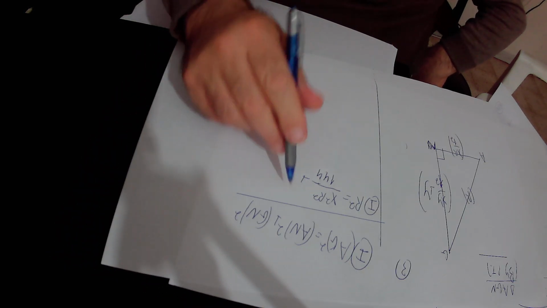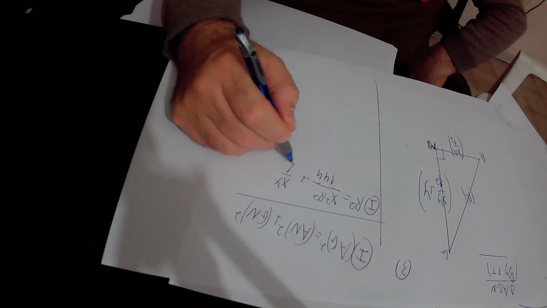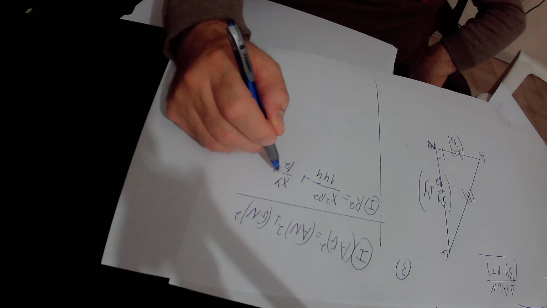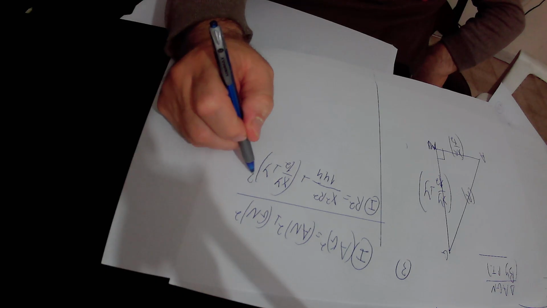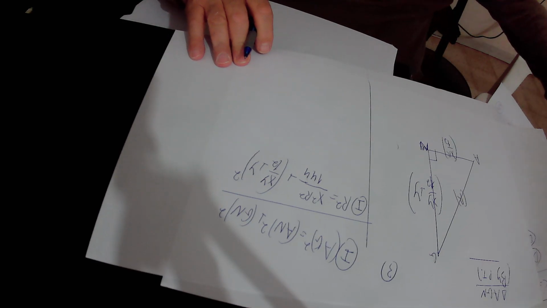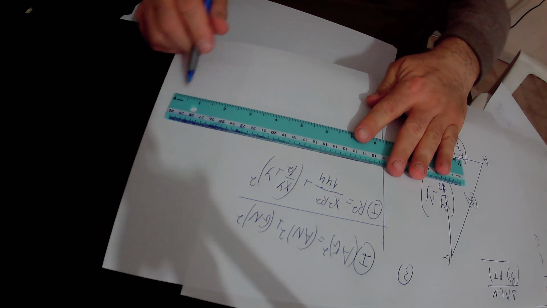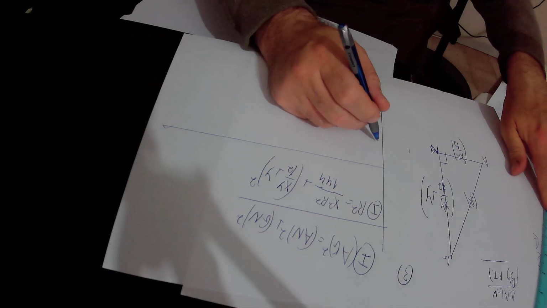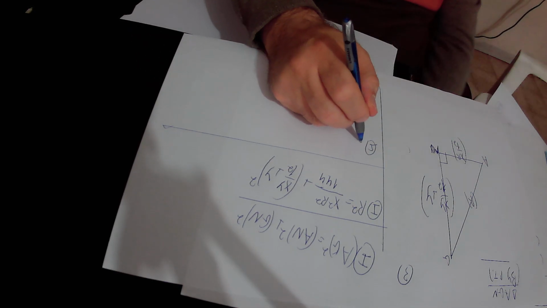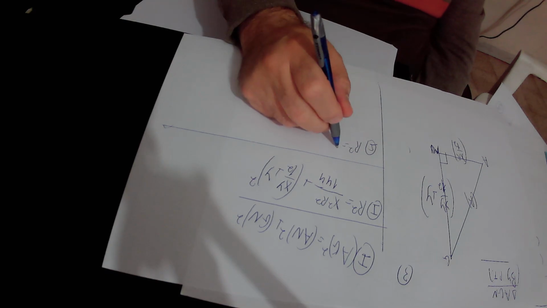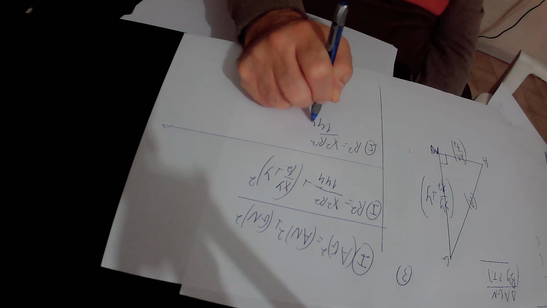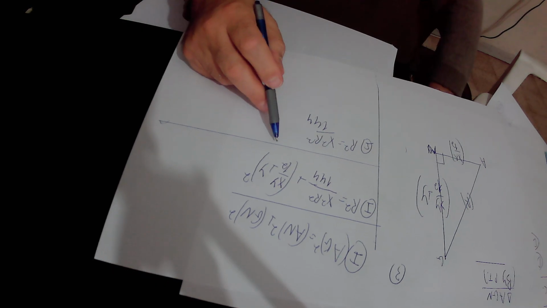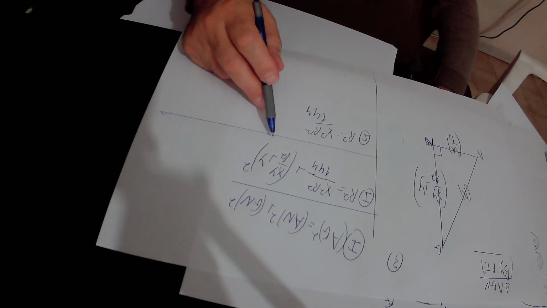GN is XY over 12 plus Y, and therefore GN square is XY over 12 plus Y, squared. Here, in this expression, we will take Y as a common factor.